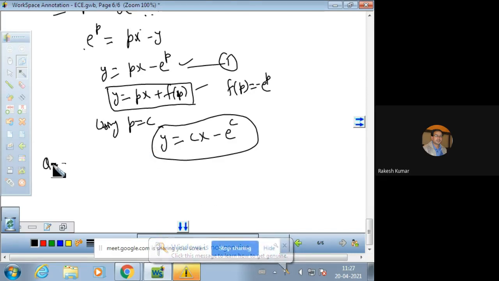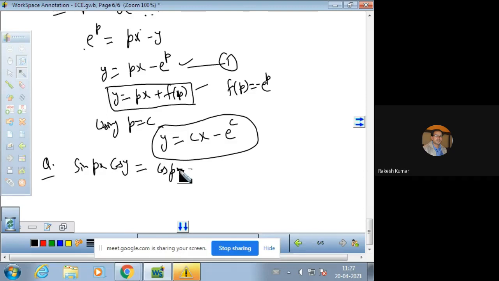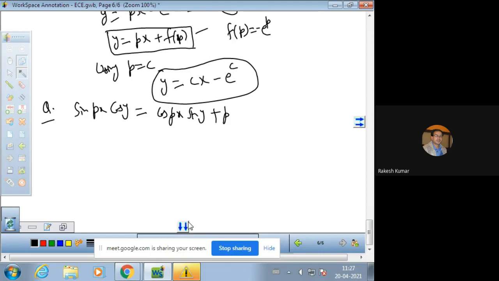We have another question. Solve sin px into cos of y, that is equal to cos of px into sin of y plus p. And you know that the formula of trigonometry can be used here. So sin px into cos of y minus cos of px into sin of y is equal to p. Use the formula of sin a minus b.